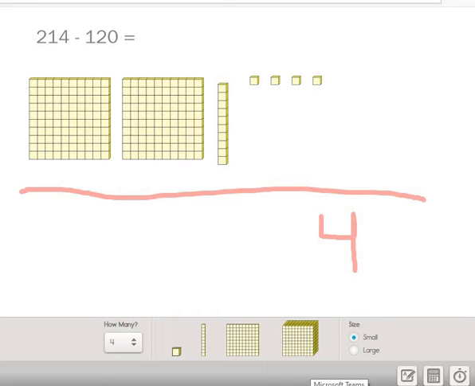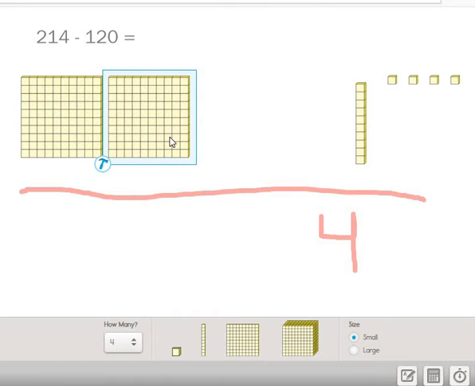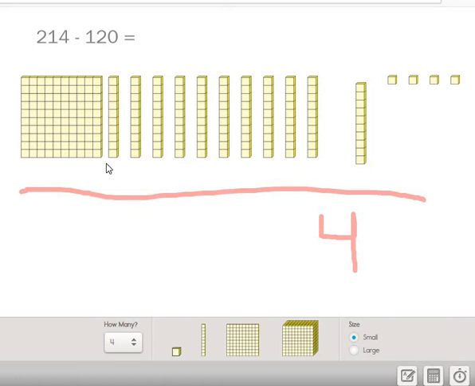Yes, of course, we need to regroup. Regroup what? We need to regroup 100 as 10 tens. So we will regroup this 100 as 10 tens, just like this. Now we have more than enough tens.